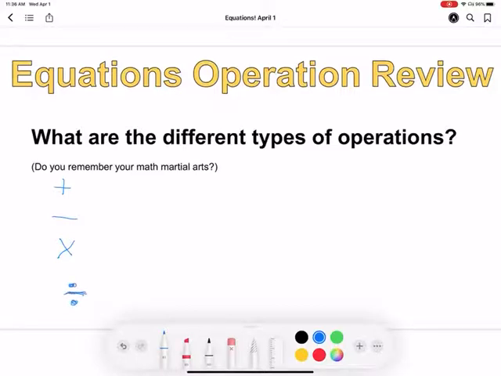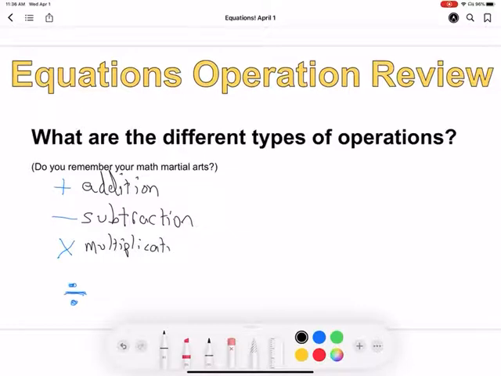Okay, so let's name them. First one is addition. Second one is subtraction. Third one is multiplication. And the last one is division.